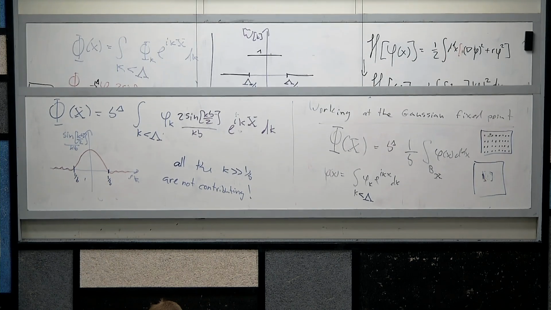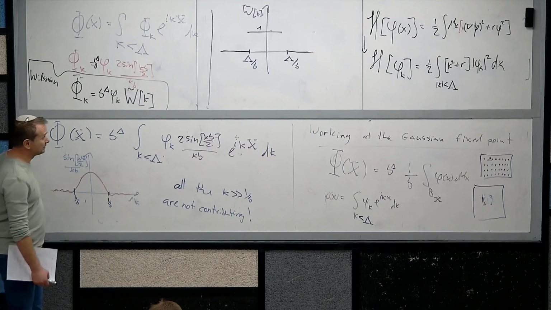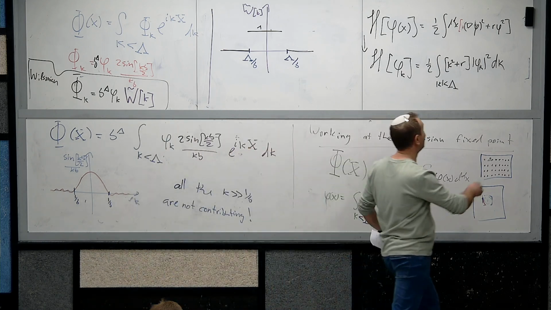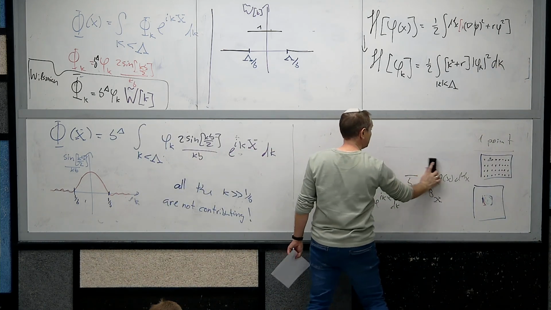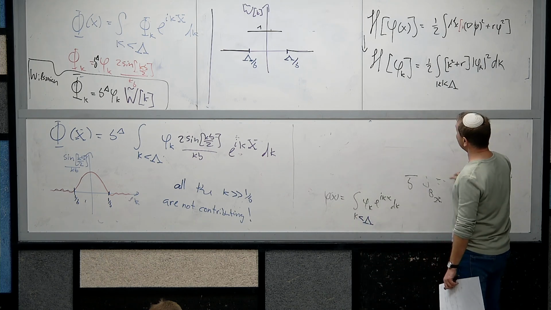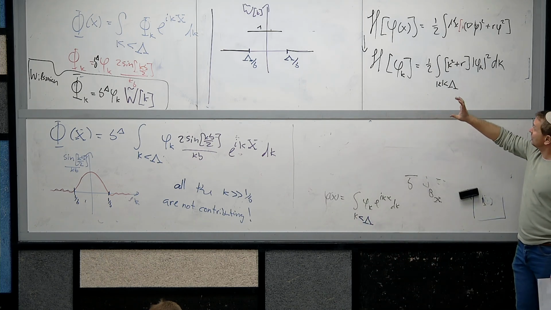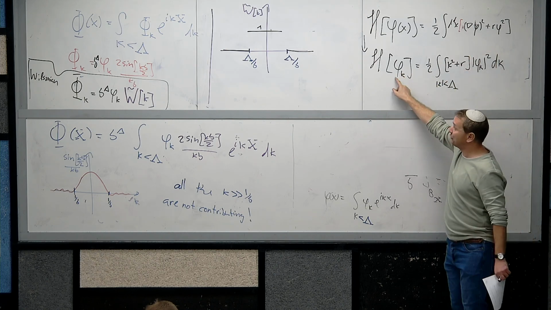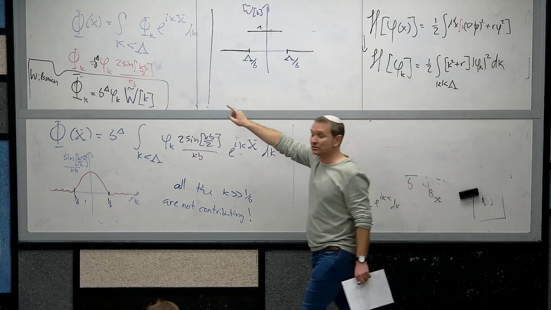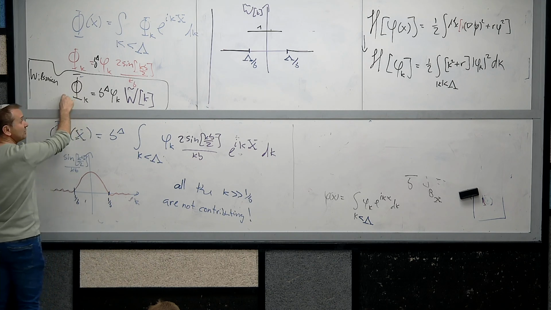Okay, next step. We want to represent this old Hamiltonian not in terms of the phi of k, but in terms of large phi.